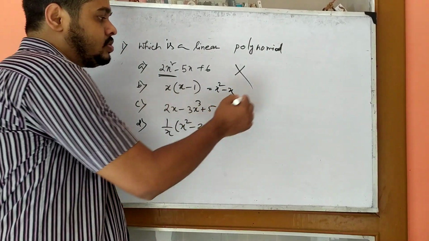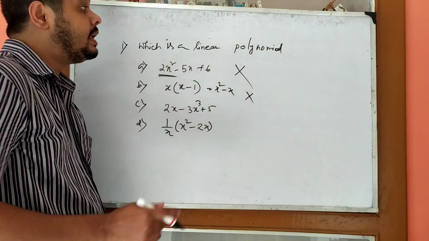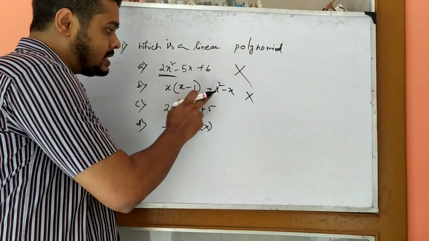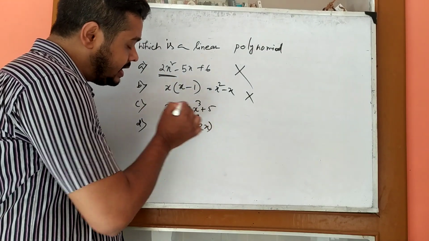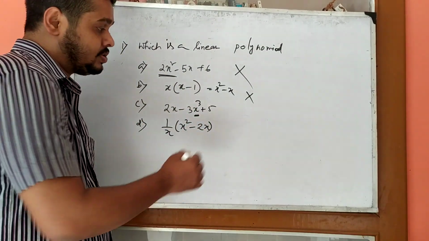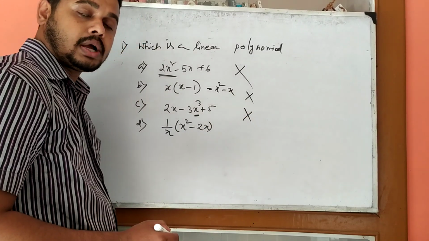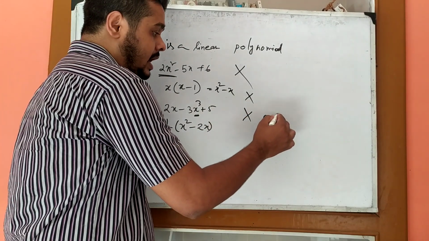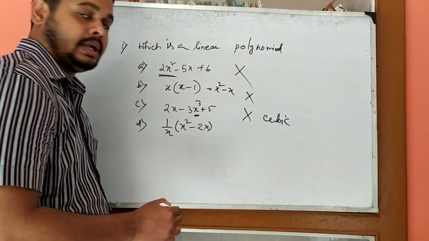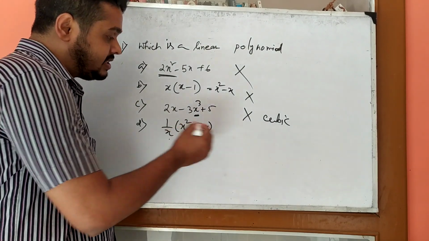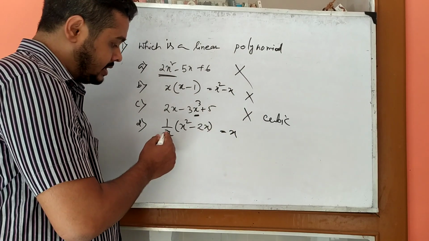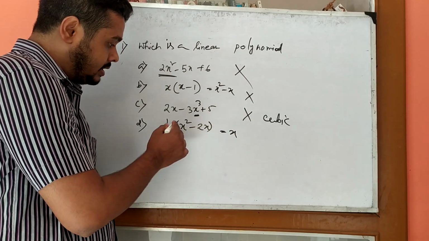So this is also not a linear polynomial because the highest degree is 2. Besides that, you can see here the highest degree is 3, so this is also not linear, this is a cubic polynomial.